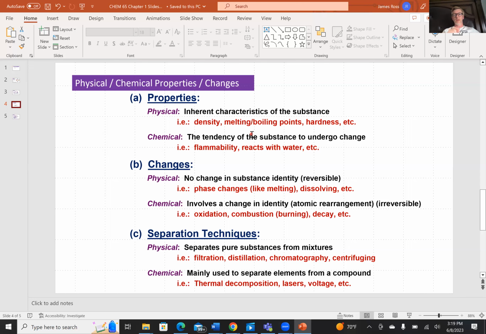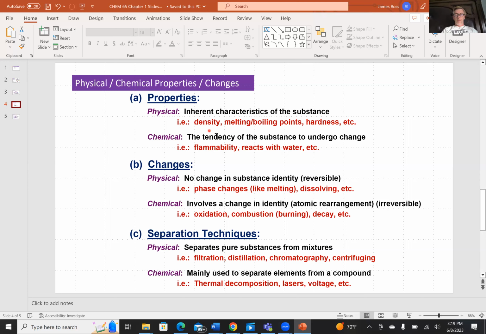For example, you can calculate the density of an object. Density is a ratio of mass over volume. So you could weigh an object and measure its volume, and you've done nothing to damage the object. You could repeat the measurement and still get the same density, because you haven't damaged it during the measurement. So it's a property that you can repeatably measure. That would be a physical property.